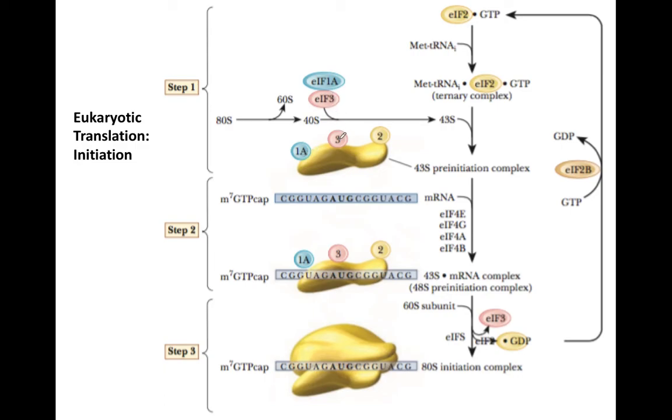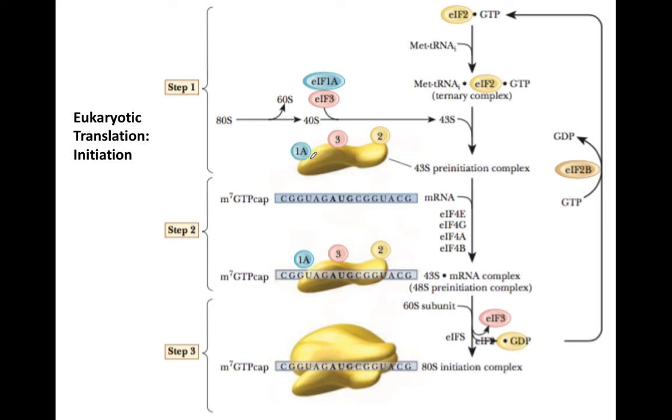You have initiation factor 3 bound near the P site, and initiation factor 2 bound near the A site. These initiation factors are needed so that it can set up our translation in eukaryotes.